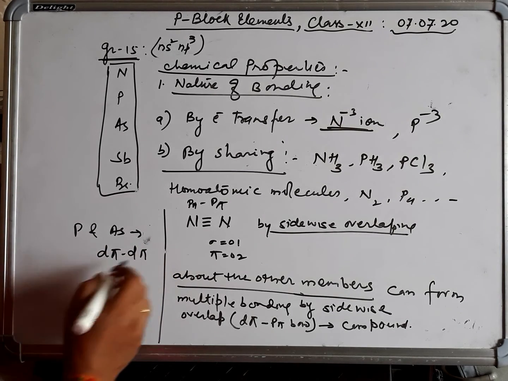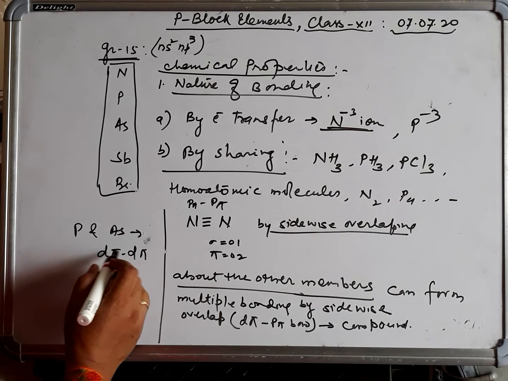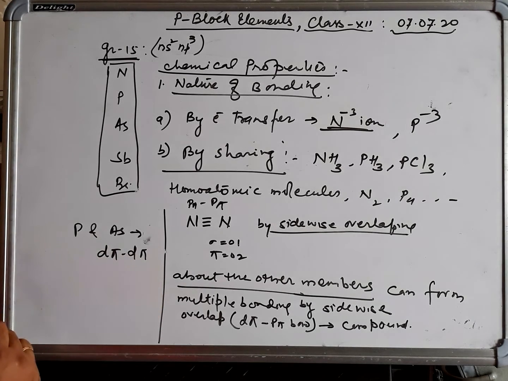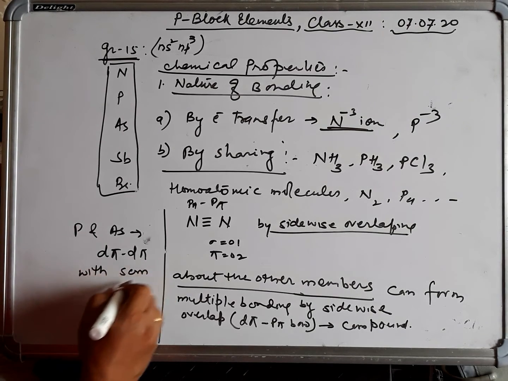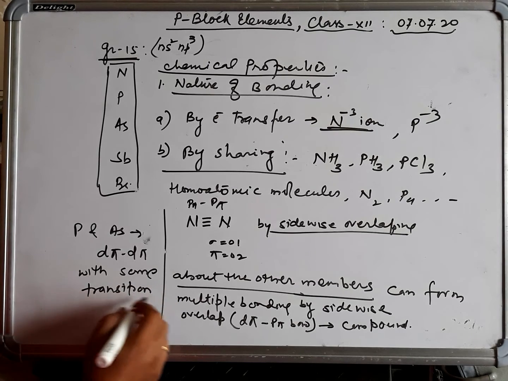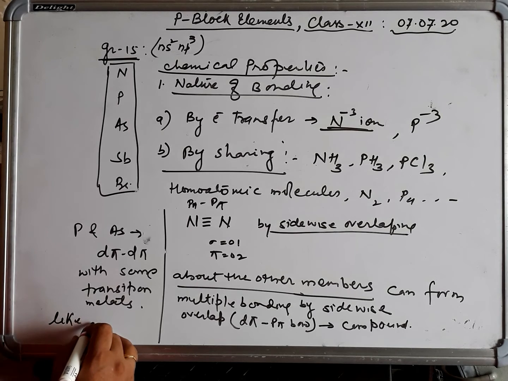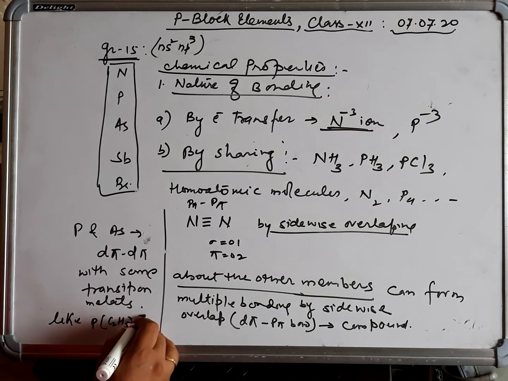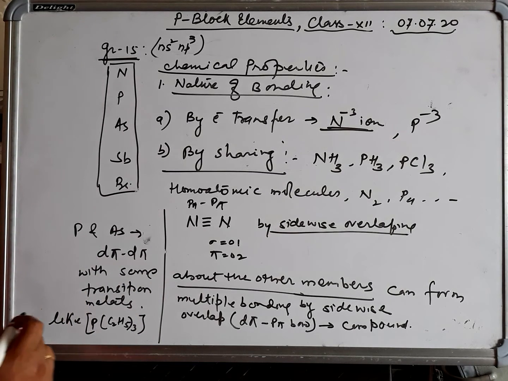Both have empty, vacant d orbitals, so both can form compounds by side-wise overlapping, d pi with some transition metals, meaning d block elements. For example, a compound like P(C2H5)3 can form by d pi overlapping.